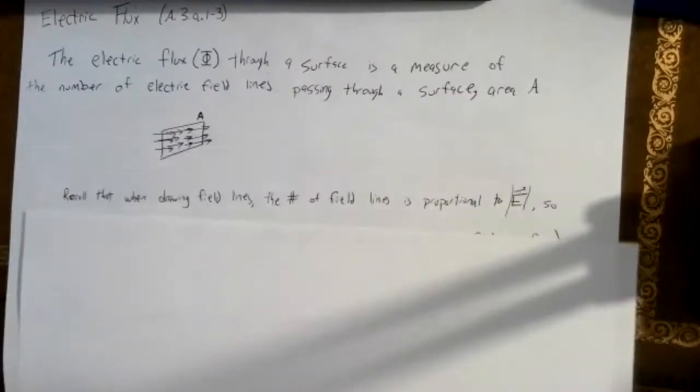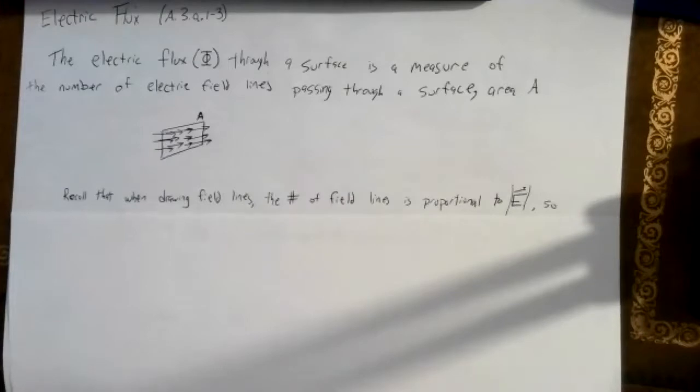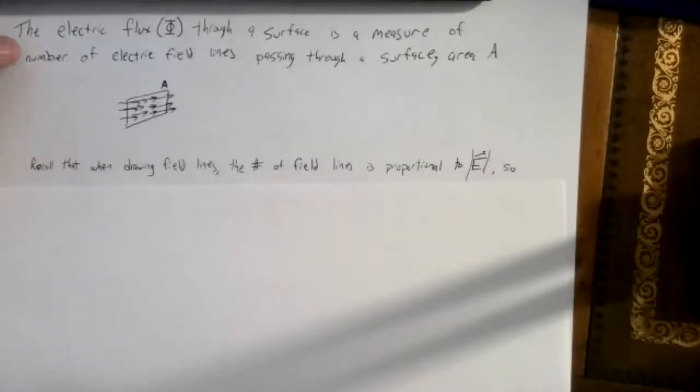And we know that when we draw field lines, the number of field lines we draw is proportional to the electric field. So that should help us figure out a simple equation for this electric flux as a function of the electric field and as a function of the area that it's passing. How would the flux be related to the electric field and the area?